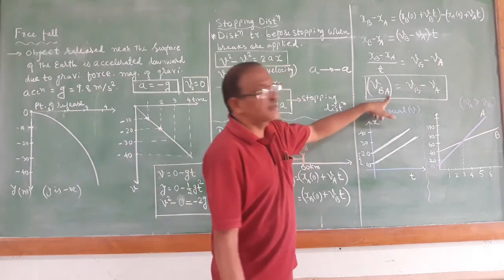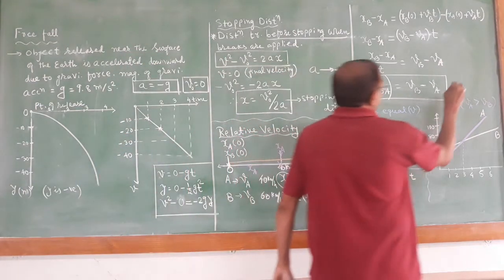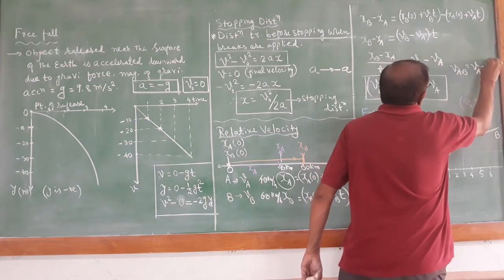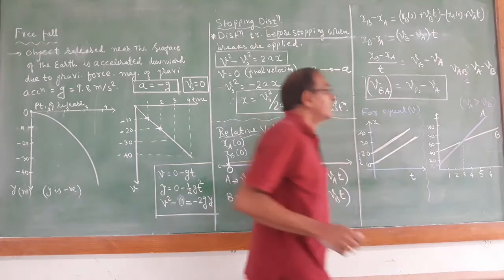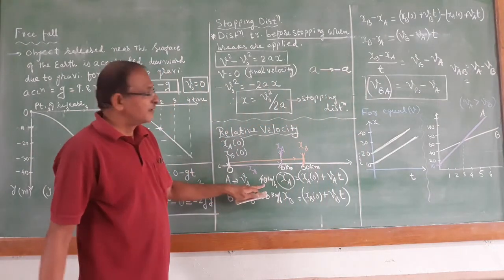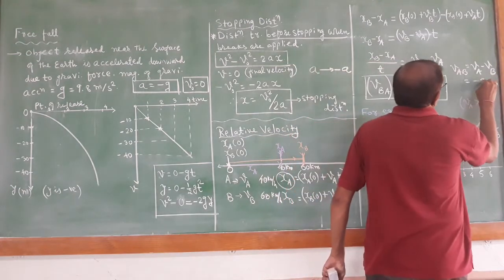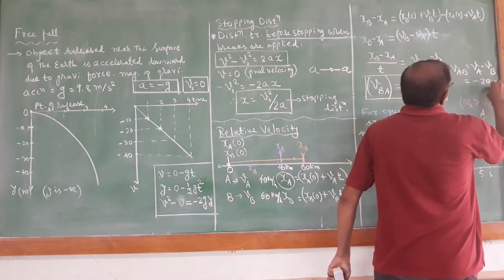So if you write VA minus VB, this becomes VA is 40 minus 60. So 40 minus 60 you will get minus 20 km per hour.